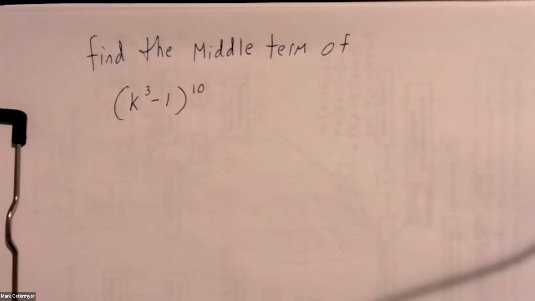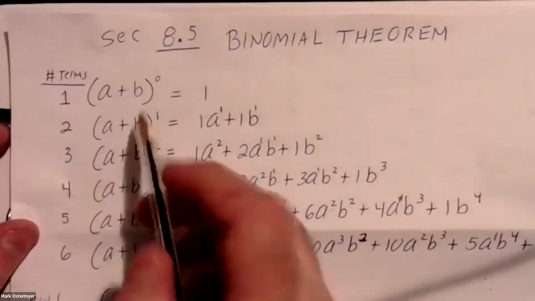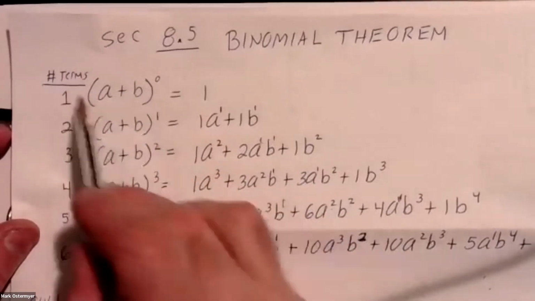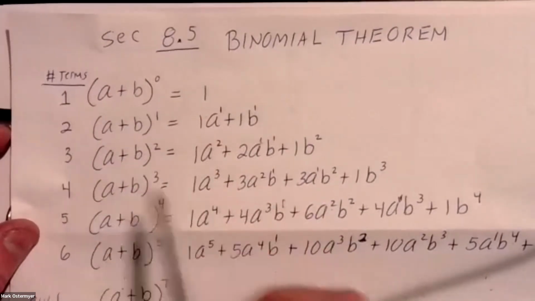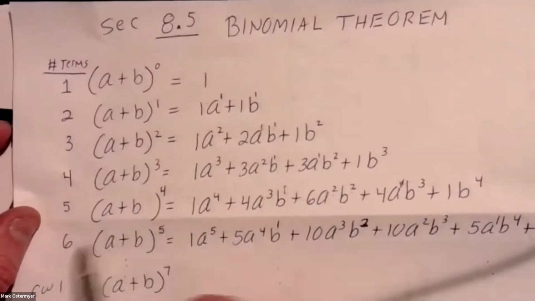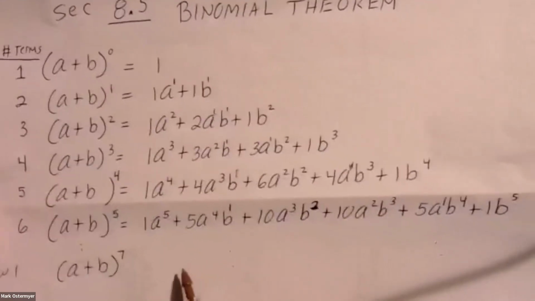All right, so got a question for you, ladies and gentlemen. We have to go all the way back to when we opened up this session, and I drew your attention to the power on the binomial versus how many terms the expansion has. How does the number of terms the expansion has relate to the power of the binomial? What was that relationship again?